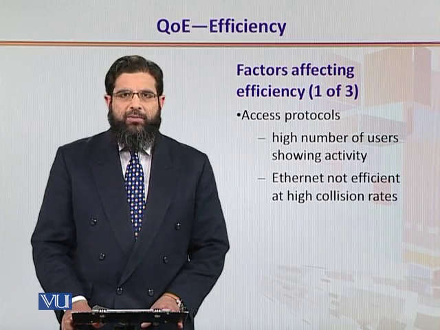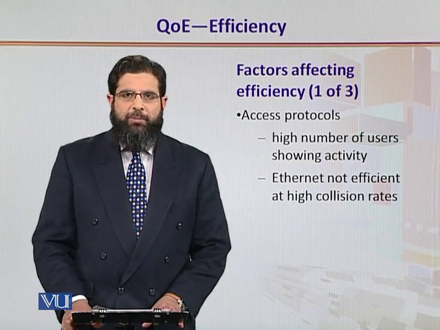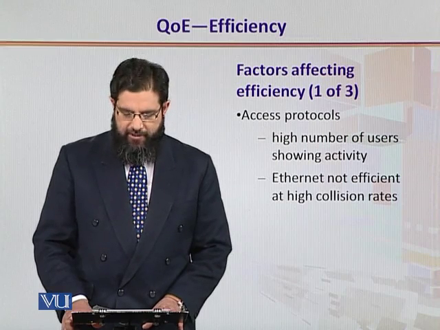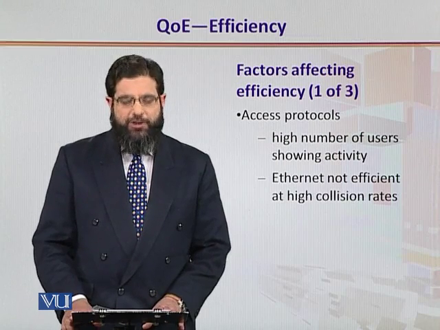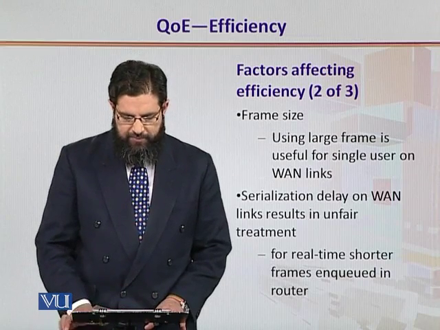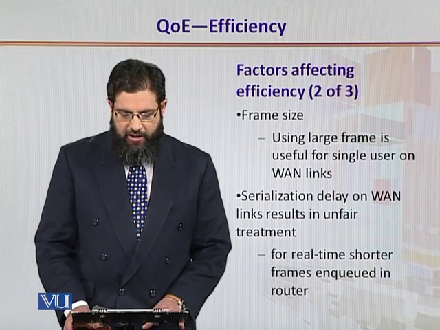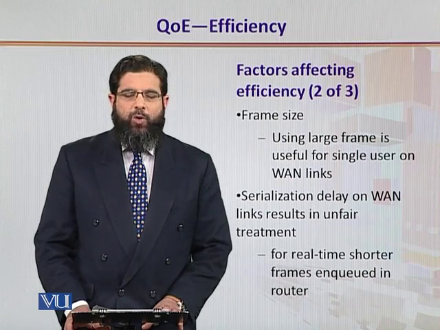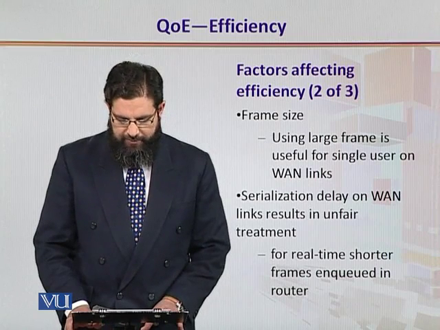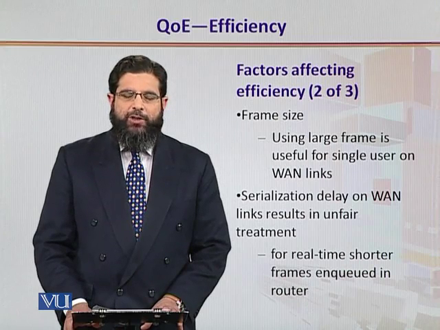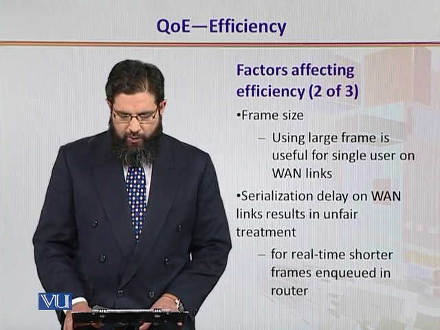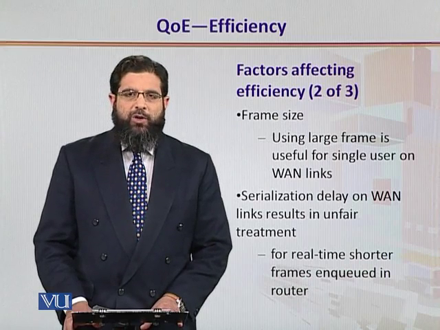So when we compare collision-based versus contention-free protocols at the access layer, we realize that Ethernet is not very efficient at high collision rates. Using larger frames is a good way to have less overall redundancy in terms of header, but using larger frames on shared links is going to be problematic. So we use large frames on singular WAN links.